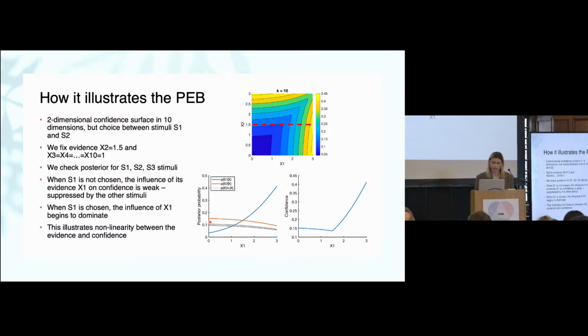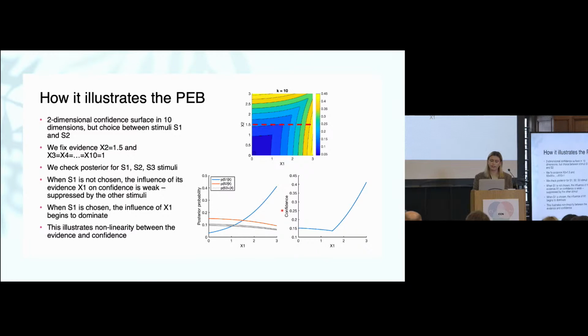As we increase x1 until it reaches 1.5, equalizing x2, we should choose x2. And as soon as we cross this threshold of 1.5, we should start choosing x1, because it is now the dominating option.